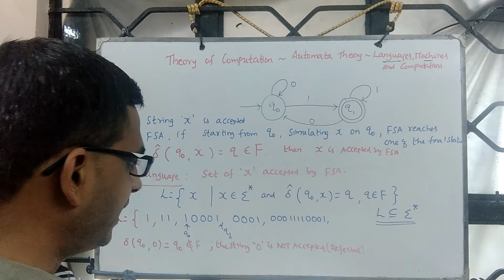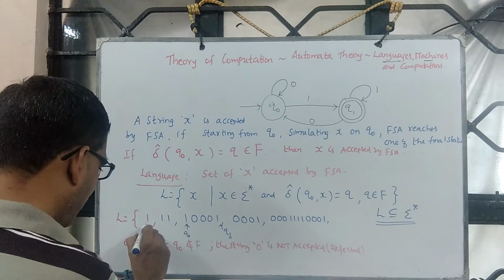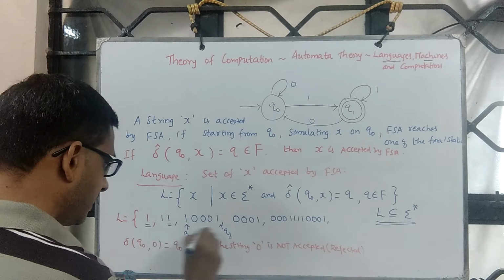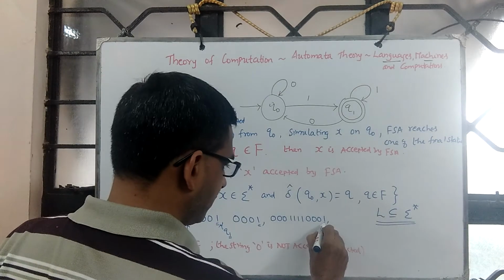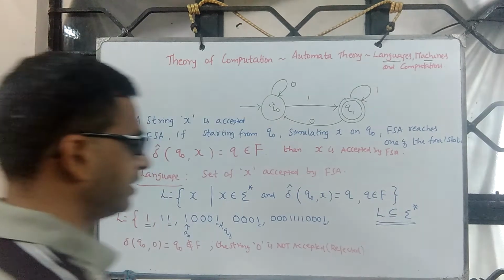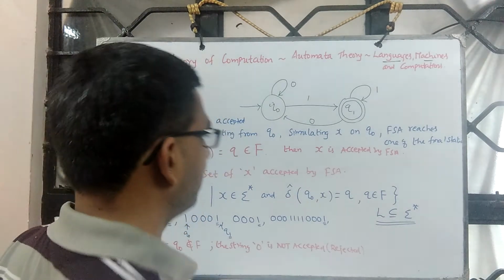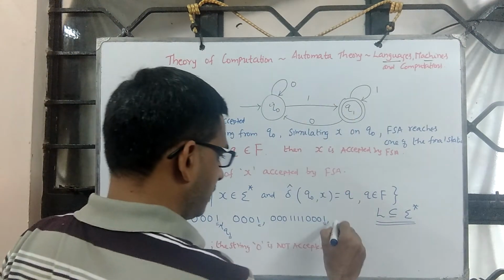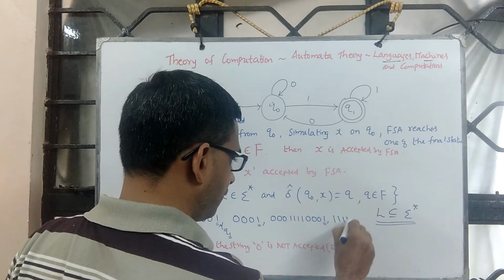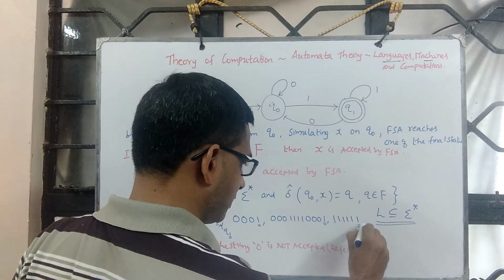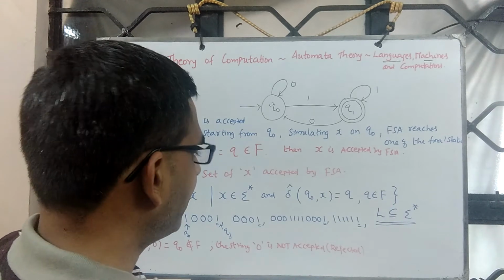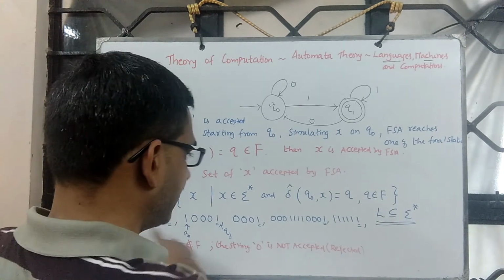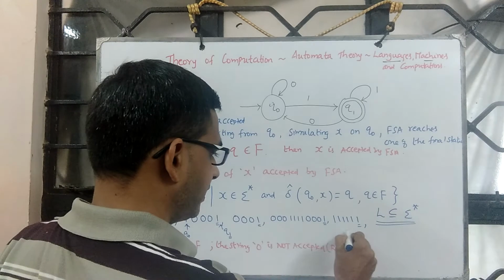If you carefully observe, all of them have this property: it is a string ending with a 1, correct? Now you have a sequence of ones, yes, it is a string ending with 1.